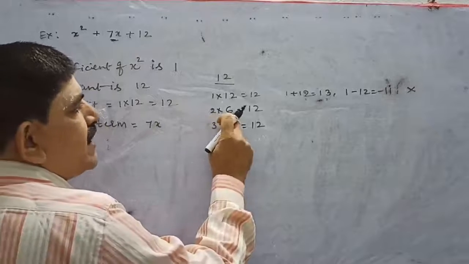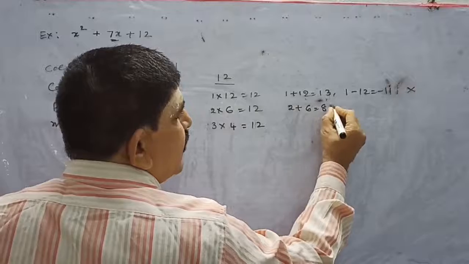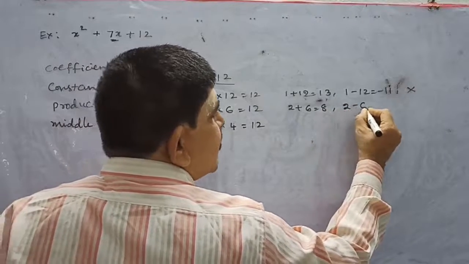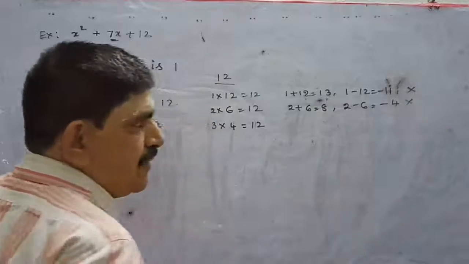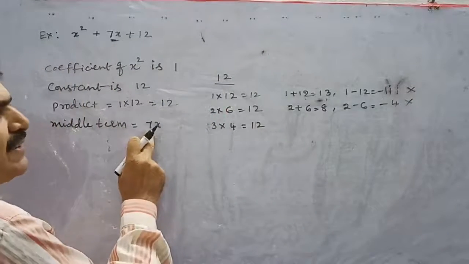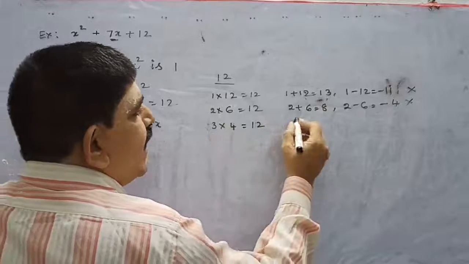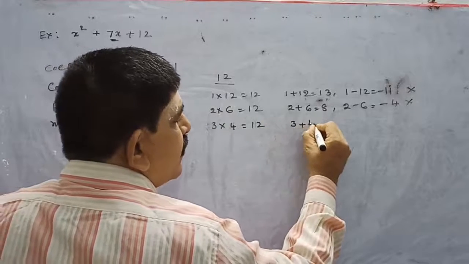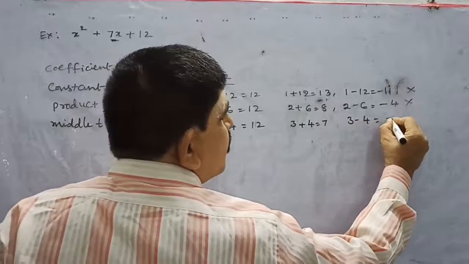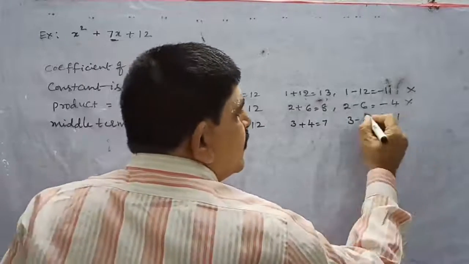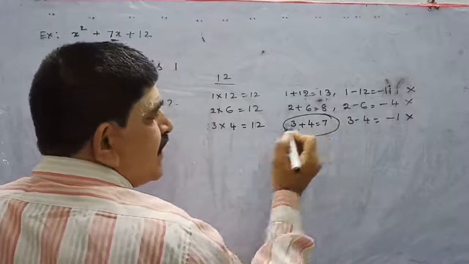Next one, 2 into 6 is 12, 2 plus 6 is 8, and 2 minus 6 is minus 4. So this is also not possible because we won't get 7. Next one, 3 into 4 is 12, and 3 plus 4 is 7 and 3 minus 4 is minus 1. So only this one works. 3 plus 4 is 7.